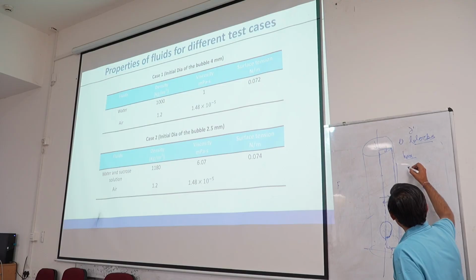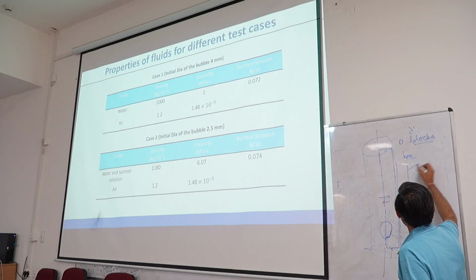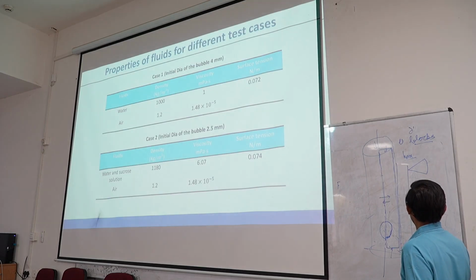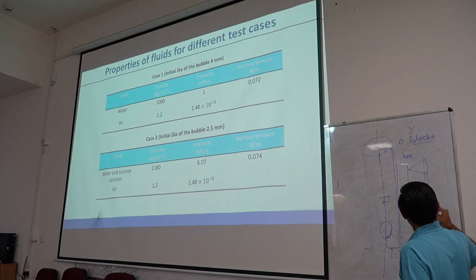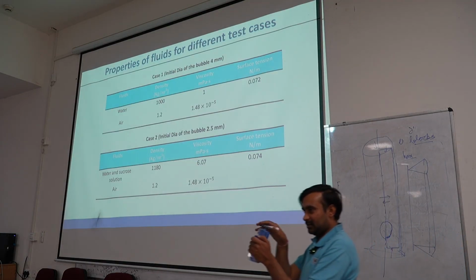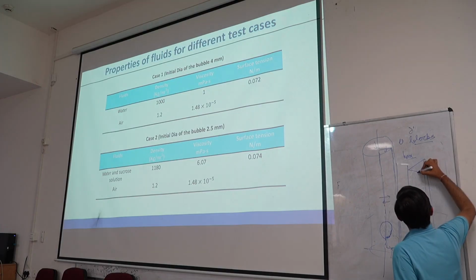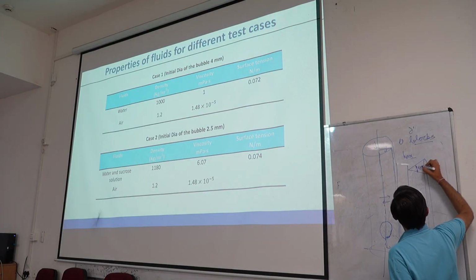So, for the axis of symmetry, I can take a wedge portion of the domain. What I have done is taken a portion which has some amount of theta.